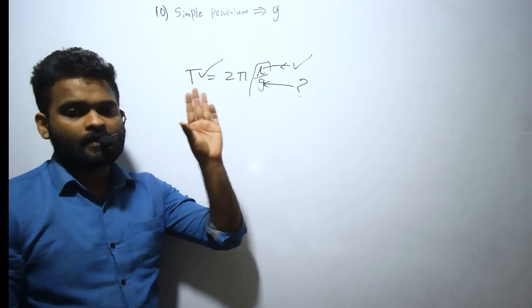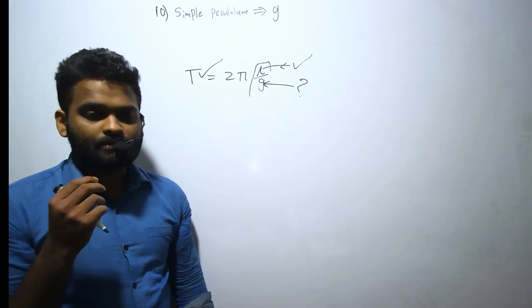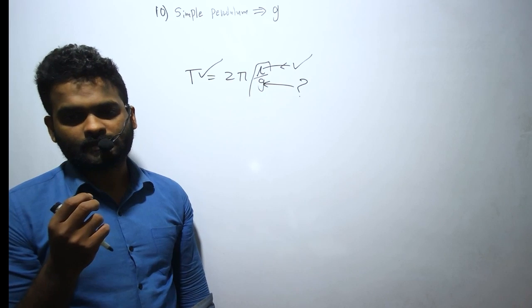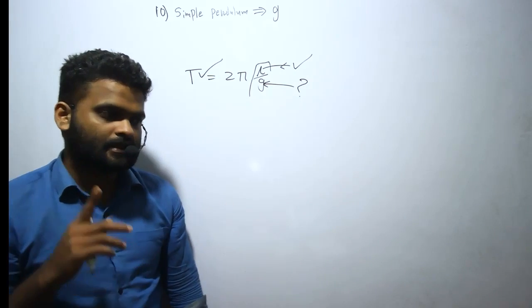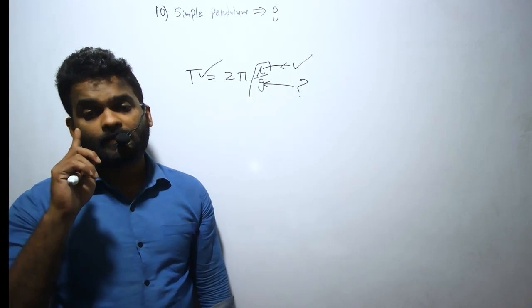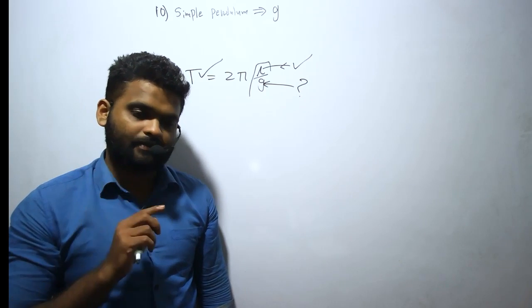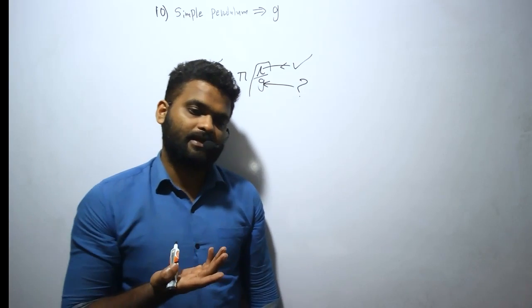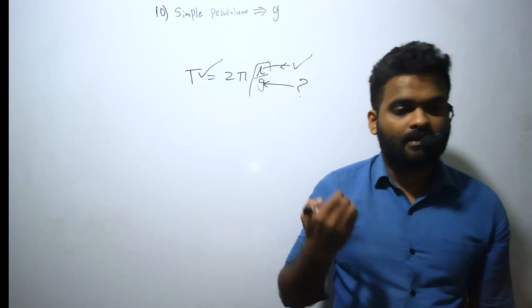The reason is to minimize random error, right? So if they ask in the question, why go for a graphical method? One reason is to minimize random error. We cannot get rid of random error completely, but we can minimize it.